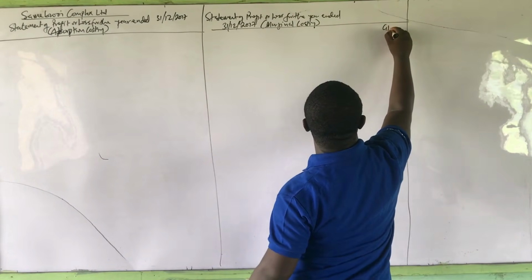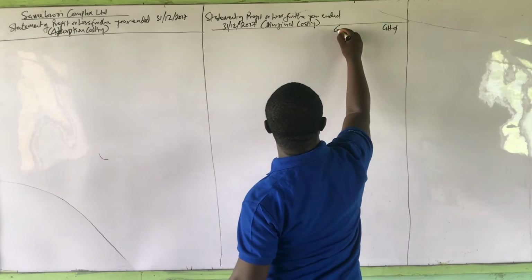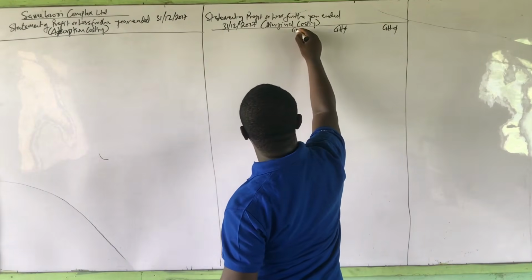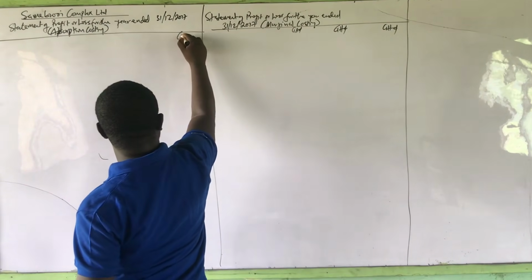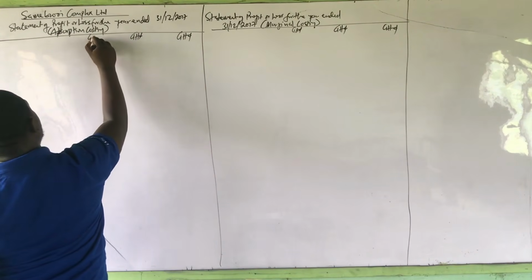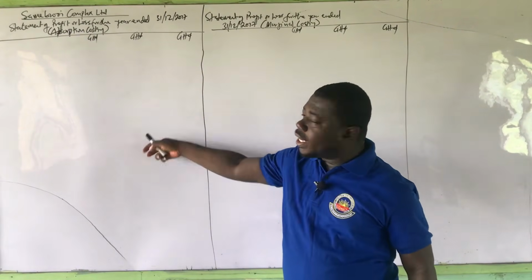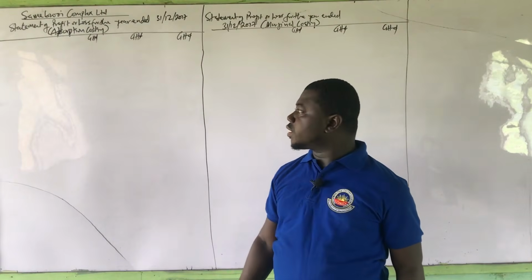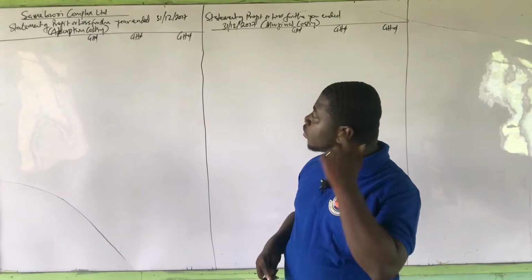So let me show my currency signs for each of them. So let's deal with the absorption costing first, and then we can come back to the marginal.